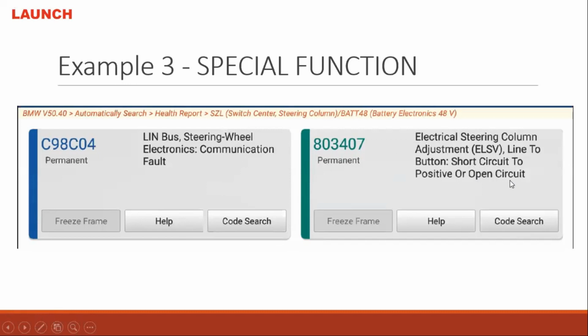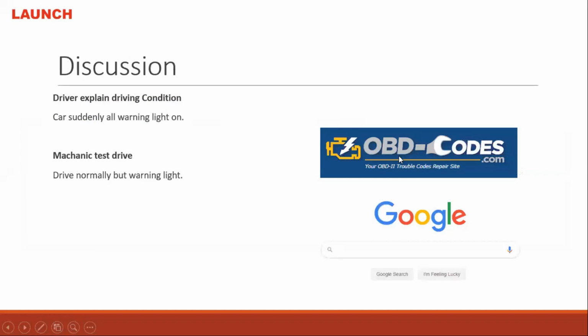What's the problem with this BMW? Actually, this BMW has a problem with the steering column, but it says adjustment, and after adjusting, it still cannot be done.